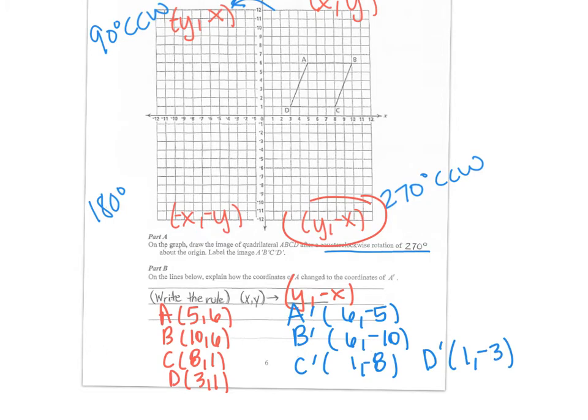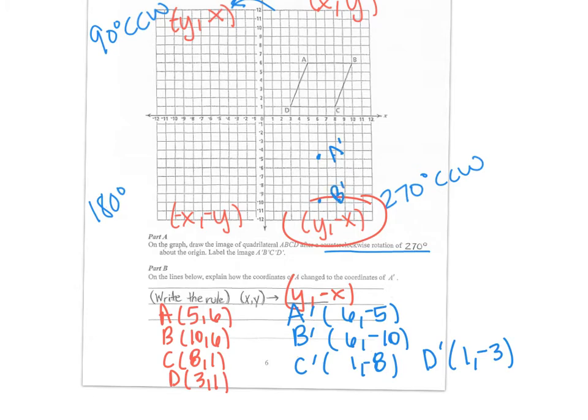And then you're just going to go graph those. So if I go over 6 and down 1, 2, 3, 4, 5, that's going to be A prime. (6, -10) should be about right there.